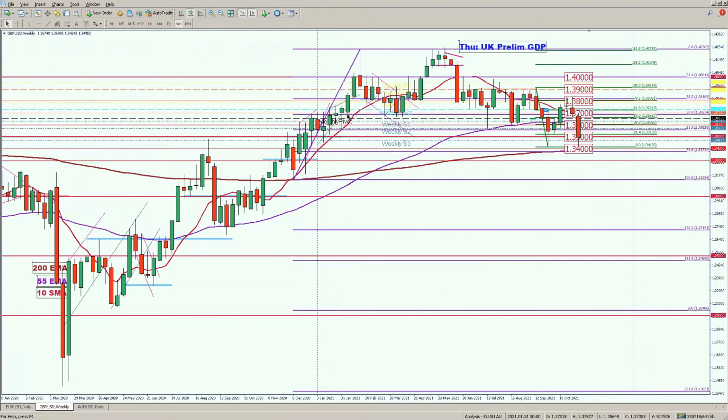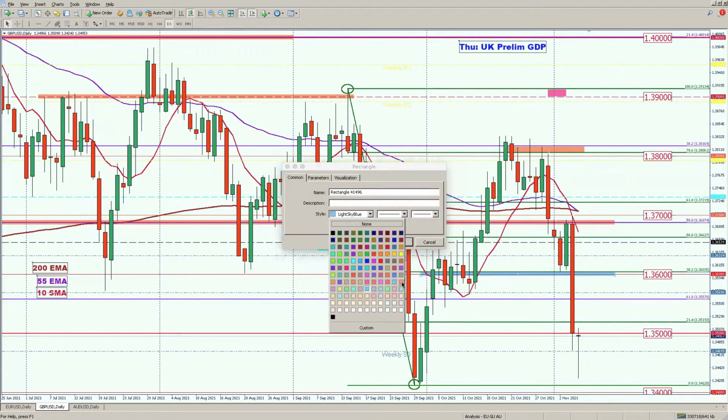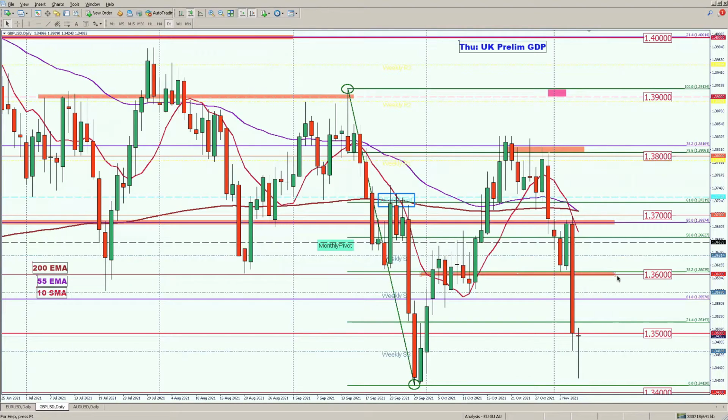That's the 50 fib in the middle there. There's another support zone that was broken at 136, so let's change that to resistance as well. We don't need this one up here.